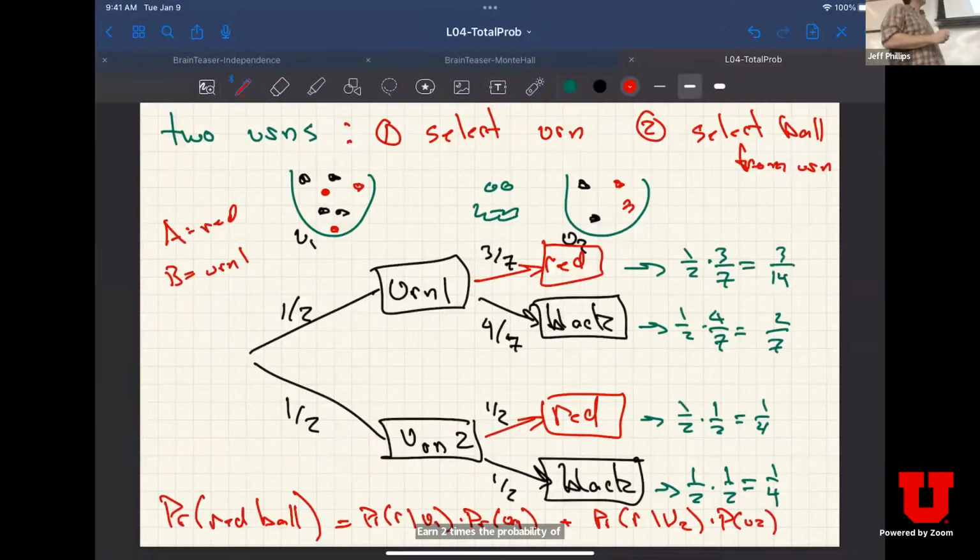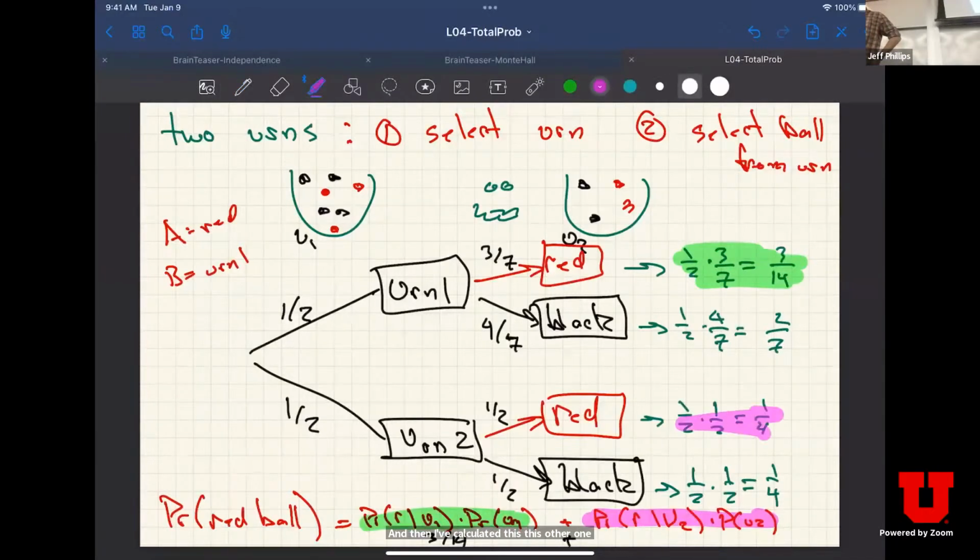Okay. Well, I've actually calculated these already. This probability is actually this product right here. I picked urn 1, that's the 1/2, and then I took a red ball given I was in urn 1, that's the 3/7. So this is 3/14 plus, and then I've calculated this other one.